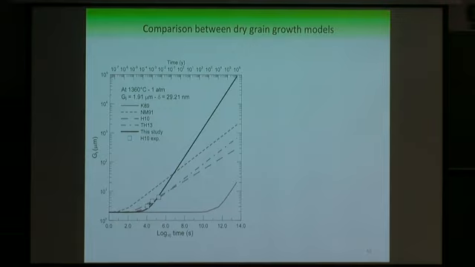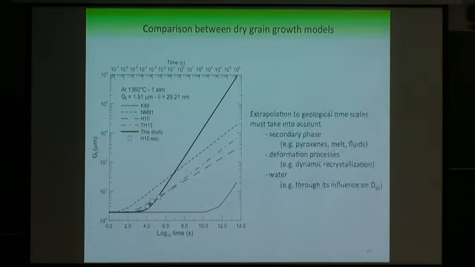Now, if we look at this plot, we can see that the model fitted with the equation based on grain boundary diffusion predicts huge grain sizes for big geological timescales.